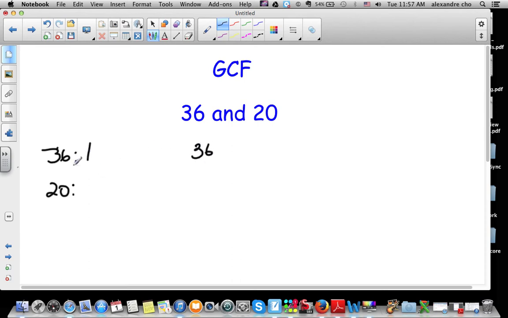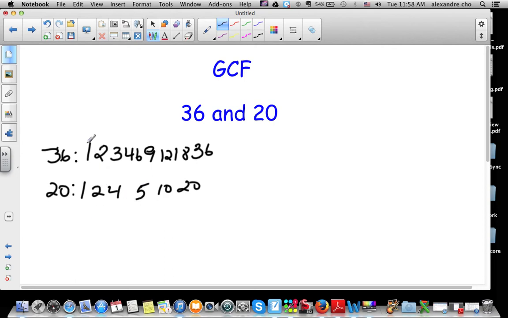Put them a little bit far away from each other because you have to write all the factors inside. So you can go 2 and 18. 3 also goes. 3 and 12. 4 and 9. And then we have 6. Okay, you don't need to write 6 times 6 twice. 20. 1 and 20. 2 and 10. 3 no. 4 yes. 4 and 5. And I think that's it.